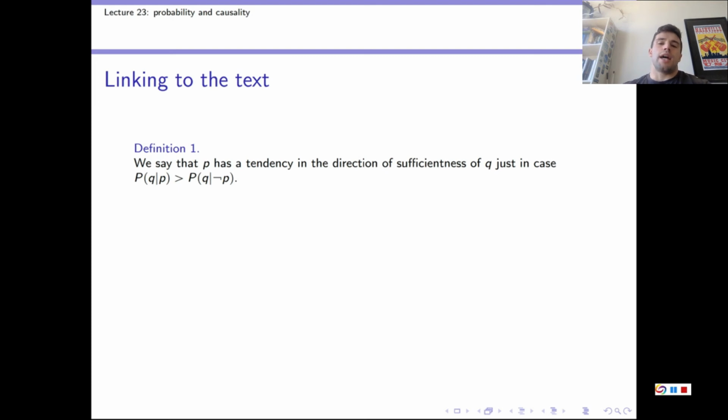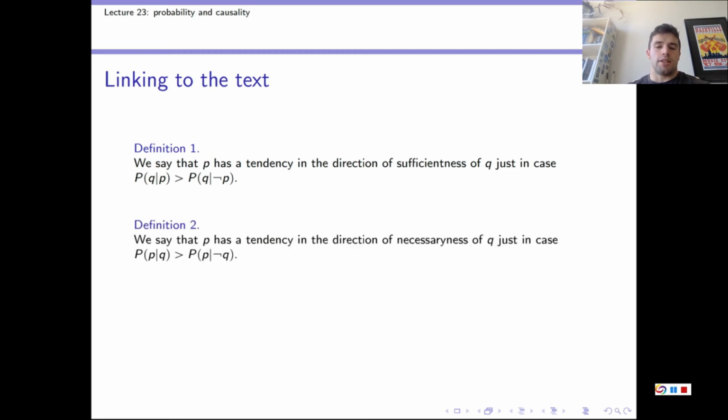We say that P has a tendency in the direction of sufficientness of Q, just in case the probability of Q given P is greater than the probability of Q given not P. So a little bit wordy, but we'll unpack what it means. And we also say that P has a tendency in the direction of necessariness for Q, just in case the probability of P given Q is bigger than the probability of P given not Q.